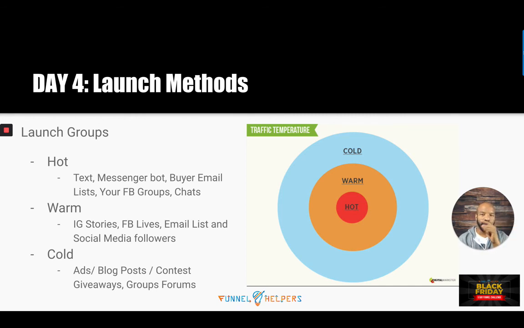Here are ways and launch methods. You may be like, you know what? I was planning on sending emails, but I can send out something in my group or a group that I'm a part of if I'm allowed to. Oh, you know what? I was going to do a Facebook Live, but maybe I can send a text message to these ones. All right. So that's the launch methods.